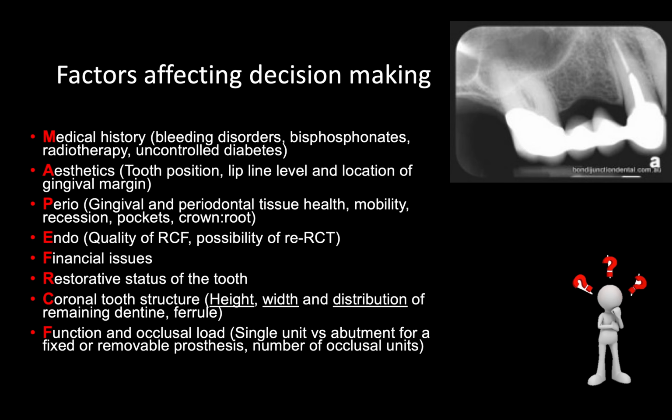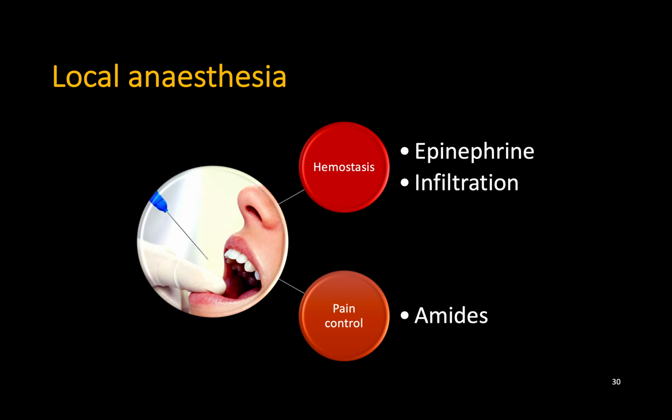Of course, we need to consider the amount of coronal tooth structure. Is this tooth restorable and can we invest in it, or would it be better if we extract it and replace it with an implant?